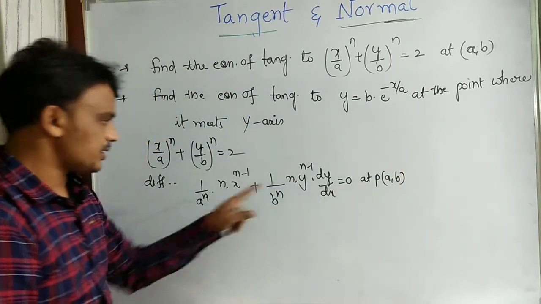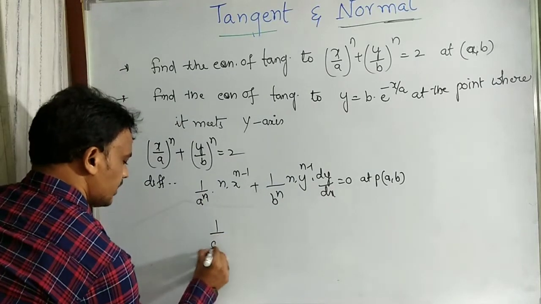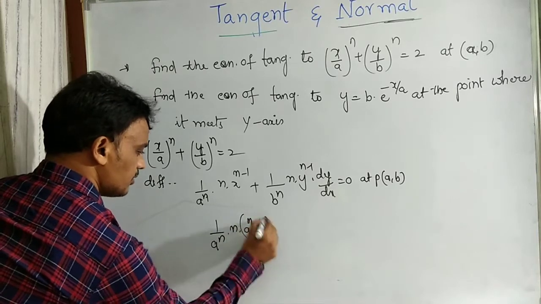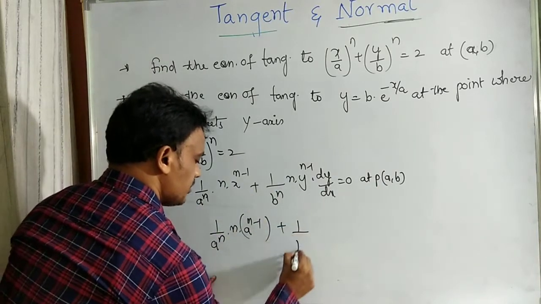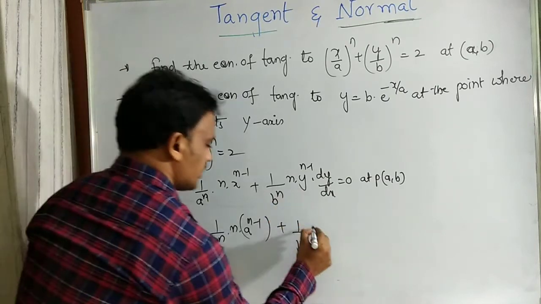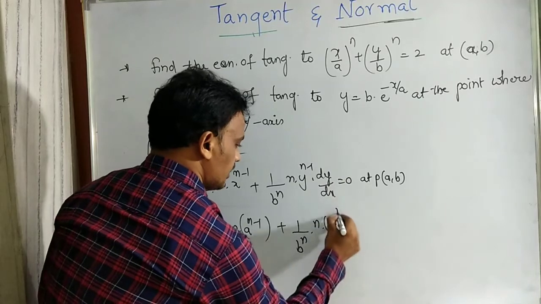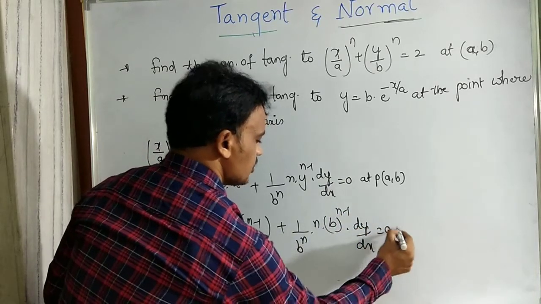Substitute the values: in place of x is a, y is b. So this is 1 by a power n into a power n minus 1, in place of x coordinate, plus 1 by b power n, and this is n into y value b power n minus 1 into dy by dx equals 0.